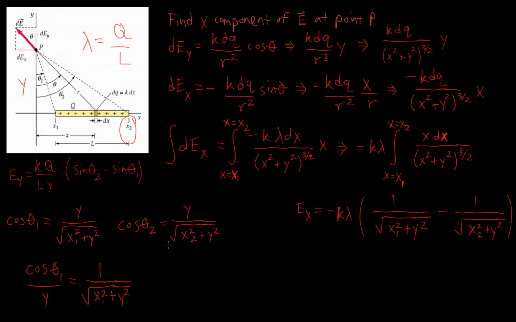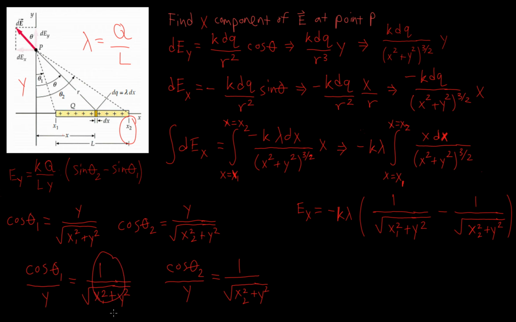And similarly for cosine of theta 2, we can just divide both sides by y, and we would get that the cosine of theta 2 divided by y is equal to 1 over the square root of x2 squared plus y squared. And so now we have identical expressions.